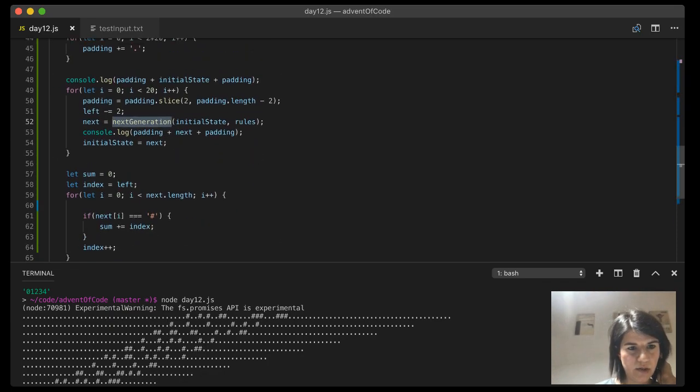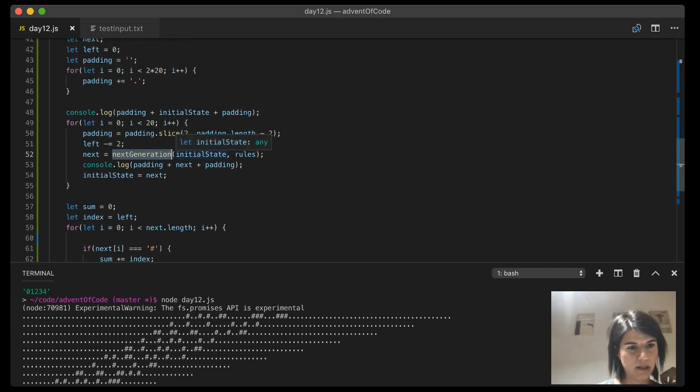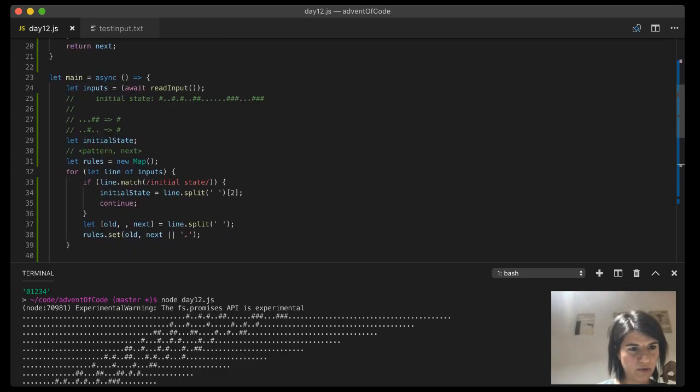So I'm doing next generation on the initial state with the same rules, and then I set the initial state equal to next. I guess it doesn't matter, I could have just used one state always.